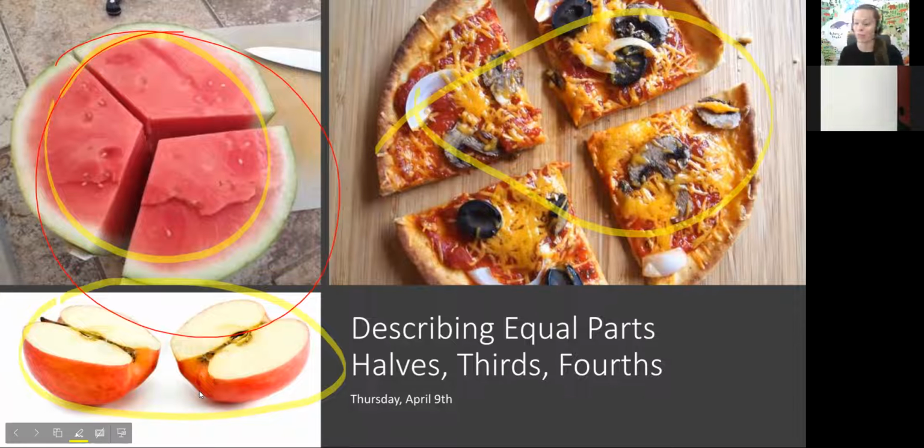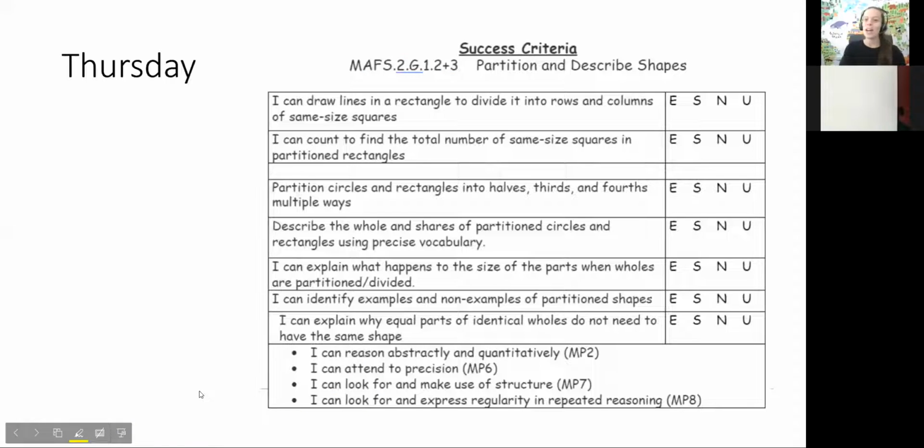This is real life. So we are going to go through quite a bit of vocabulary, okay? So we are going to focus, right? We are going to not just focus on drawing those lines to divide the rectangle, but we're going to partition circles and rectangles.